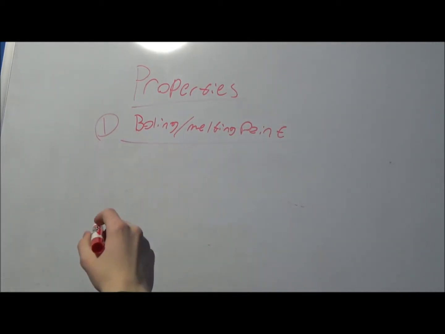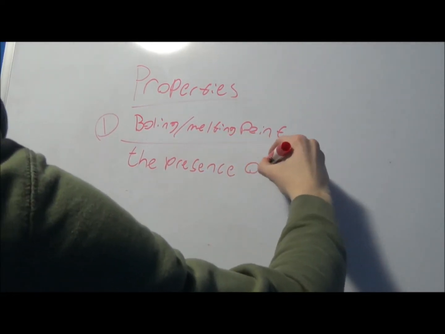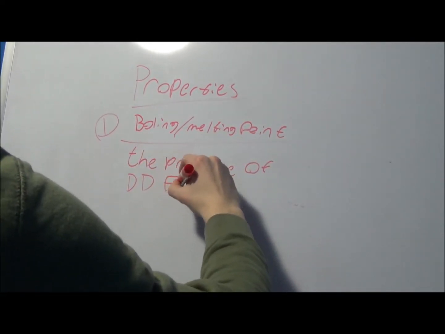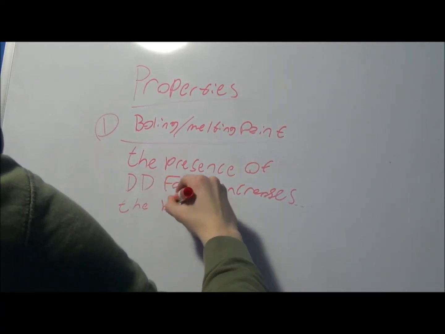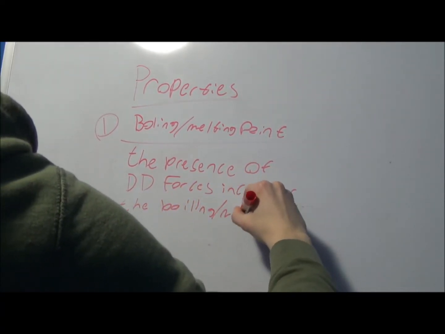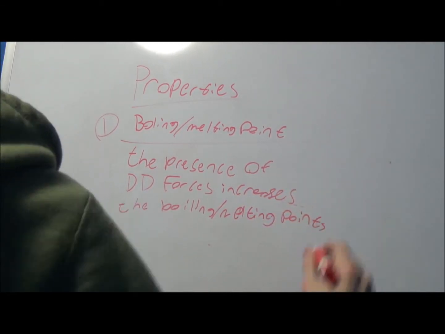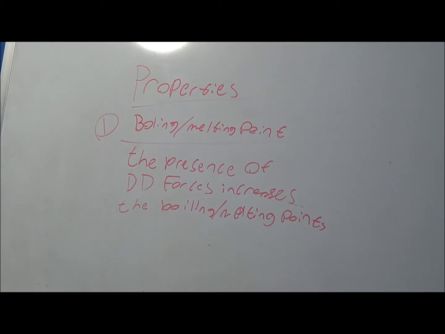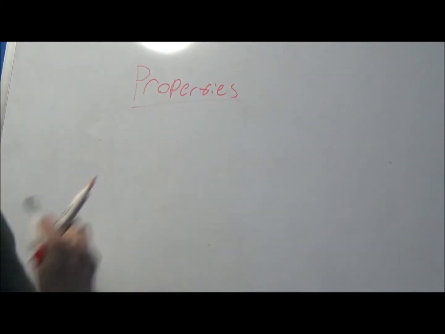The properties of a dipole-dipole interaction include the boiling and melting points. The boiling and melting point of a substance changes depending on its dipole-dipole interaction, or any of the interactions for that matter. But the presence of dipole-dipole interactions increases the boiling and melting point. And the stronger the dipole-dipole interaction is, the higher the boiling and melting point is.